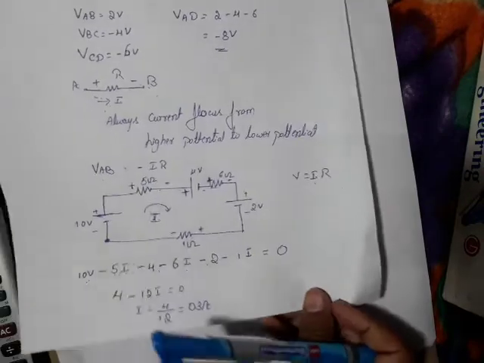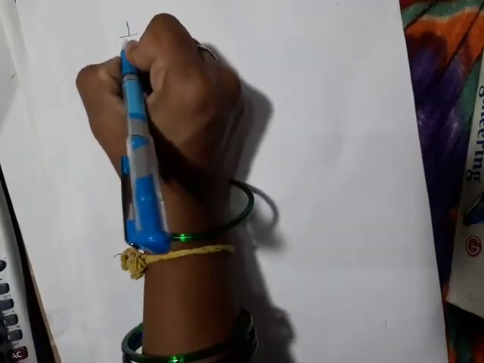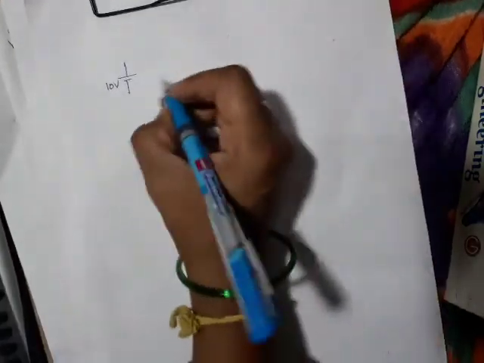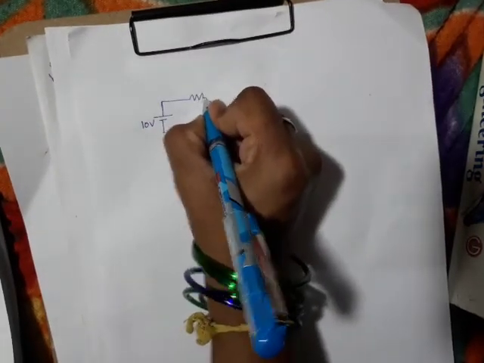Okay. Now for the same circuit, we'll assume the current in the opposite direction. I'll write the same circuit. What do we have? 10 volts, resistance.